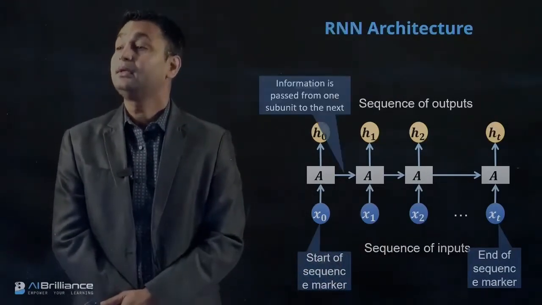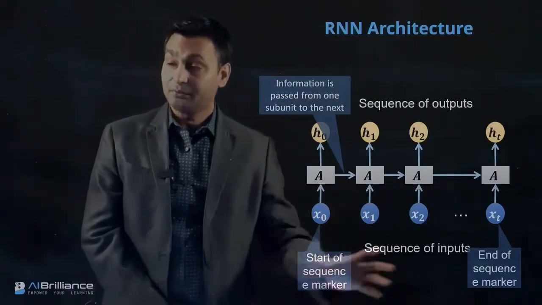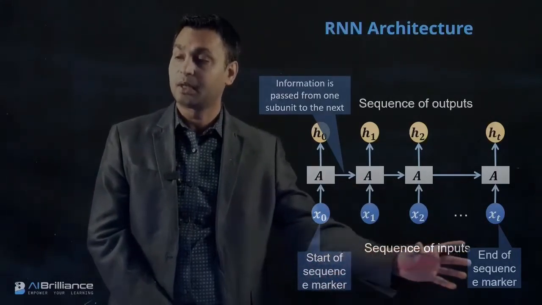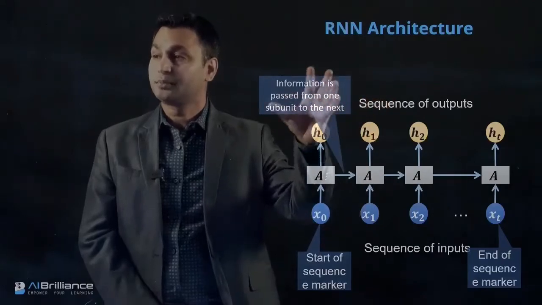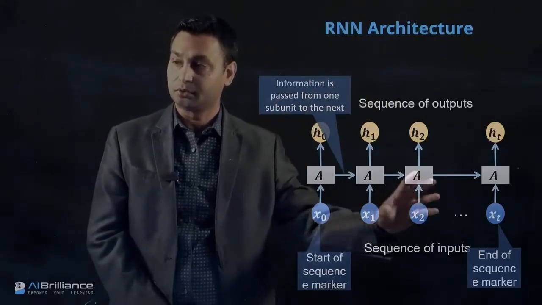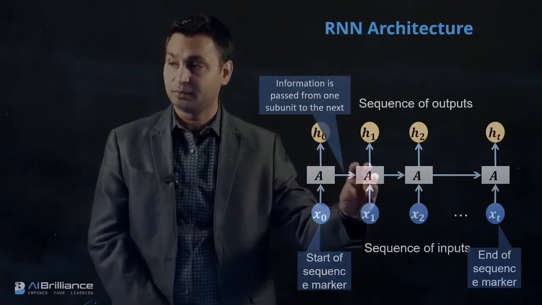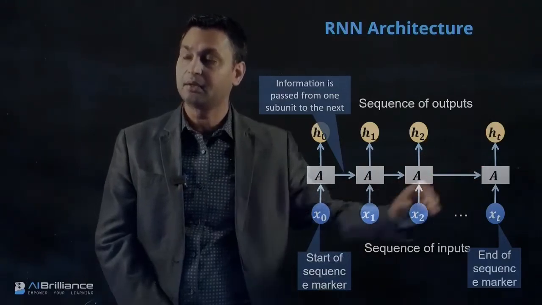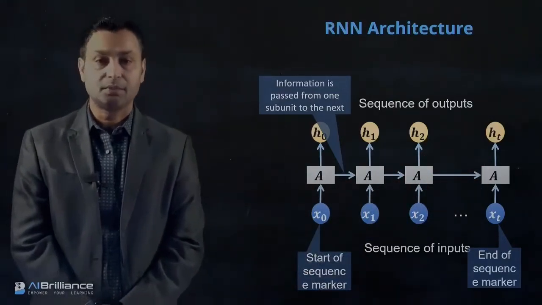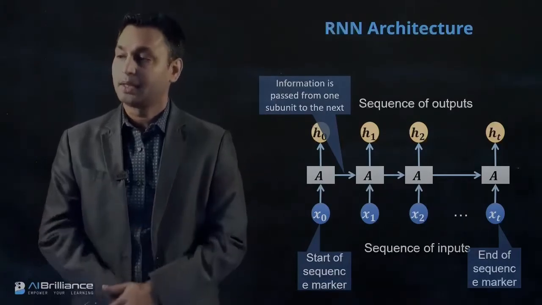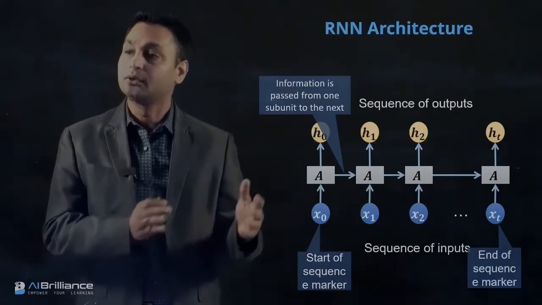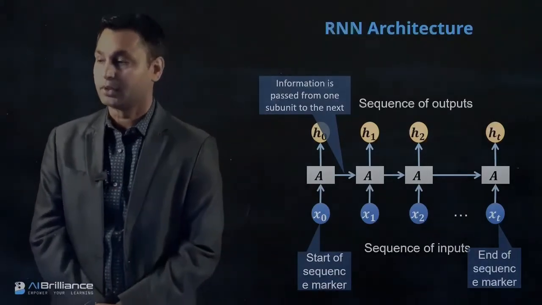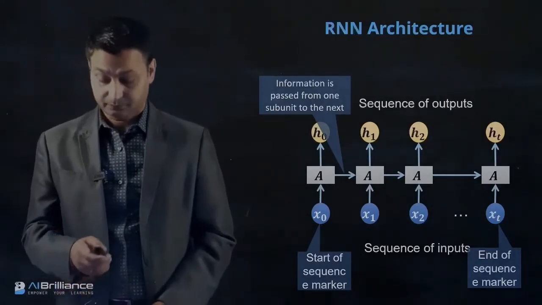In between, your information is passed from one subunit to another subunit. So there is a passage of information from previous subunits in this architecture that helps us in making semantically good predictions in many of the use cases that we have.